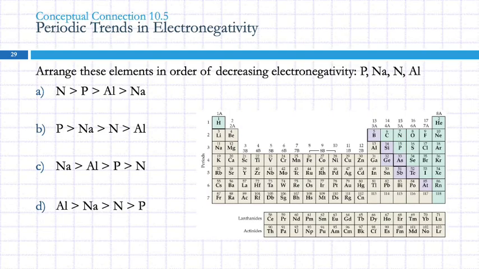So we should be able to do something like this: arrange these elements in order of decreasing electronegativity. We've got phosphorus, sodium, nitrogen, and aluminum. The way to approach that problem is first to find them on the periodic table. So here we have phosphorus and sodium and nitrogen and aluminum.